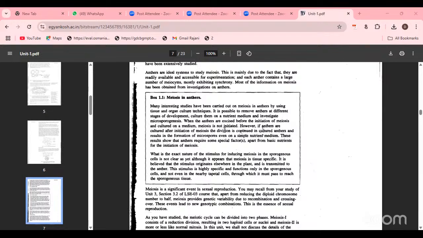It is possible to remove anthers at different stages of development and culture them.